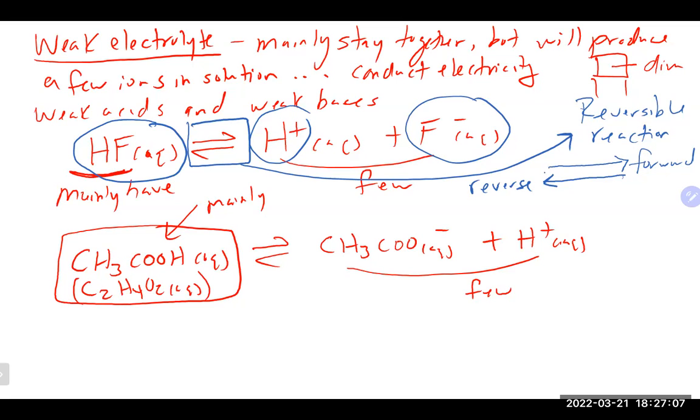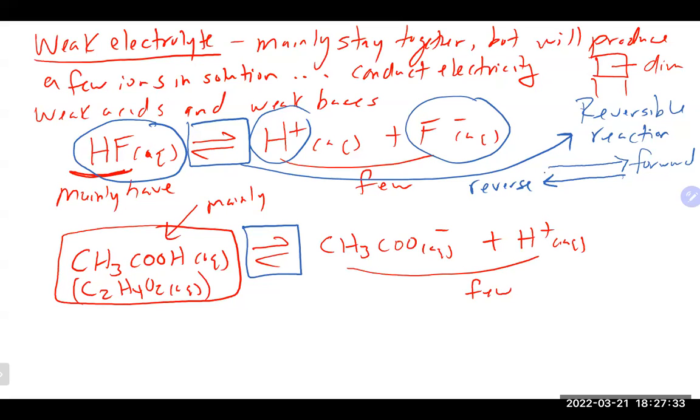So how you recognize a weak electrolyte: if you're doing an observation with the light bulb and it is dim, it is a weak electrolyte. If you're looking at the equation, you will see something on the left, you will see some ions on the right, but you will see these double arrows heading in both directions, and that's a really good way to recognize it as a weak electrolyte.